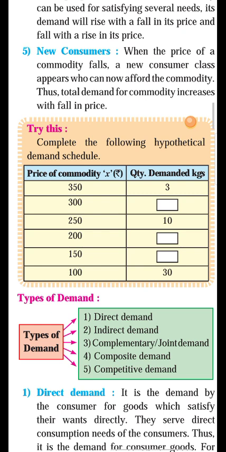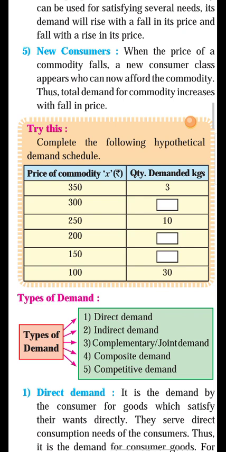As we already learned, demand and price have an inverse relationship. It means when the price increases, demand decreases, and when the price decreases, demand increases. In this table, the price column is given: price of the commodity 350, 300, 250, 200, 150 and 100.